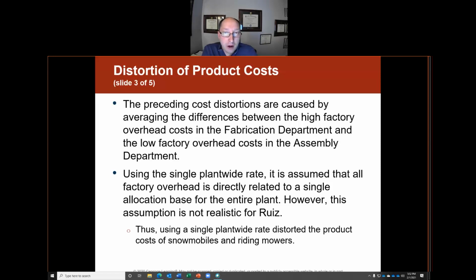Okay, so after we figured out the differences for our two departments, we can figure out which method is the best. Single plant-wide is going to be over or under, and multiple department is going to be more accurate for each type of product.